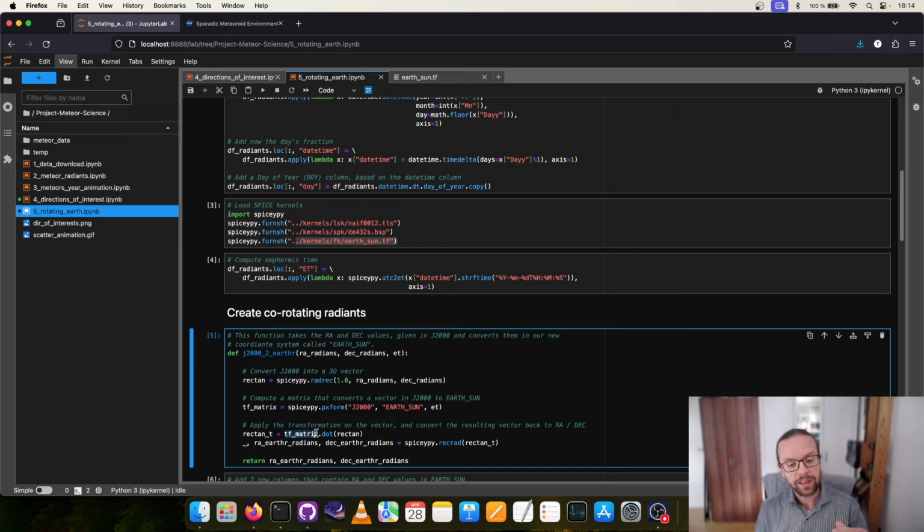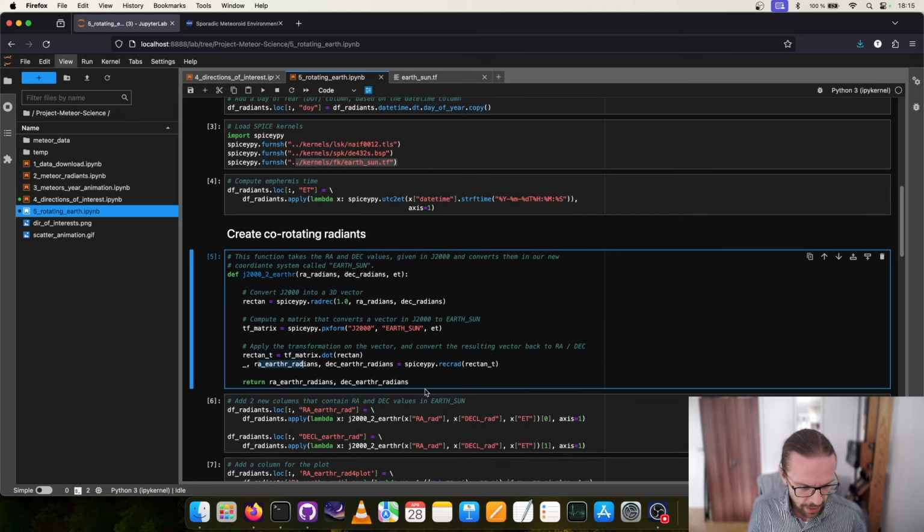And then we apply the matrix to our vector. We get a new vector that is now our radiant in this co-rotating frame. And then we convert it back into the new right ascension and declination values we have here at the end of our function. And this is then returned, and then we can write it into our data frame. So this is basically the function.